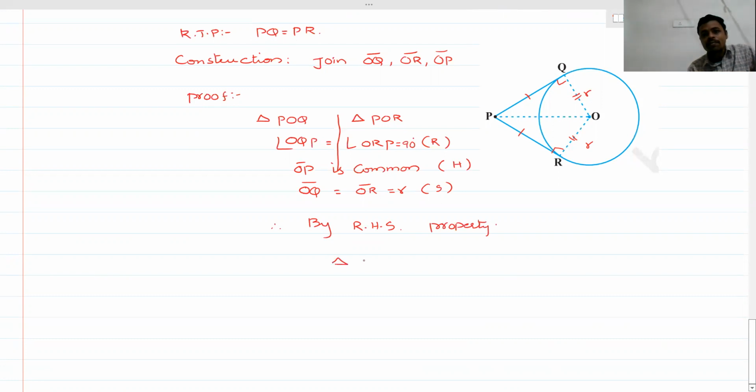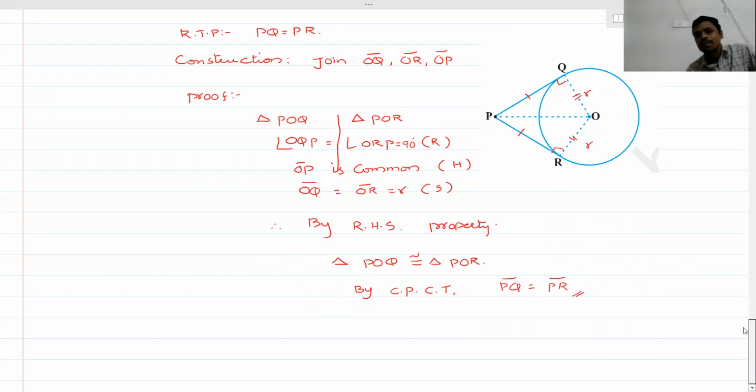So triangle POQ is congruent to triangle POR. Now by CPCT, corresponding parts of congruent triangles, the corresponding sides are equal, which means PQ is equal to PR. That is what we had to show.